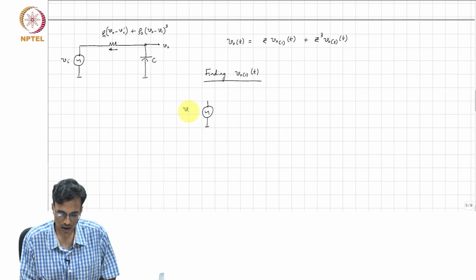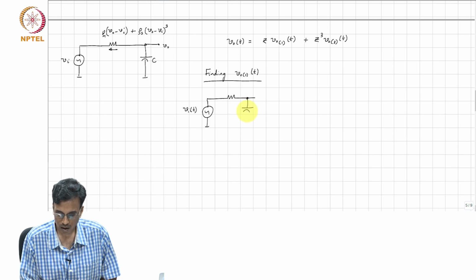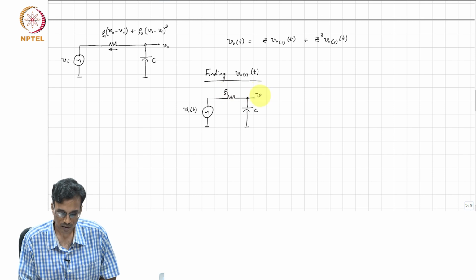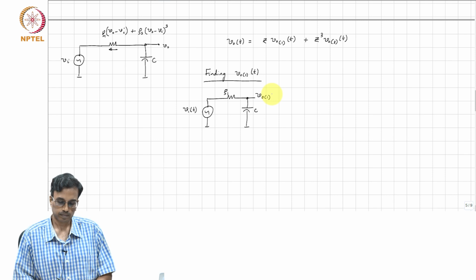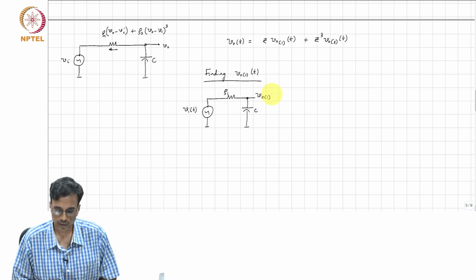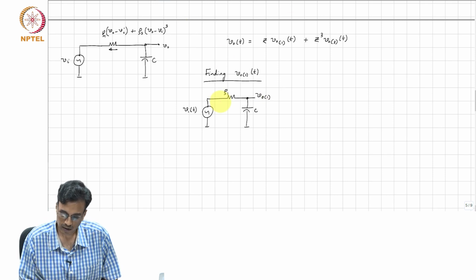So, we have Vi of t, this is G1 and this is V01. Remember, this is linear.